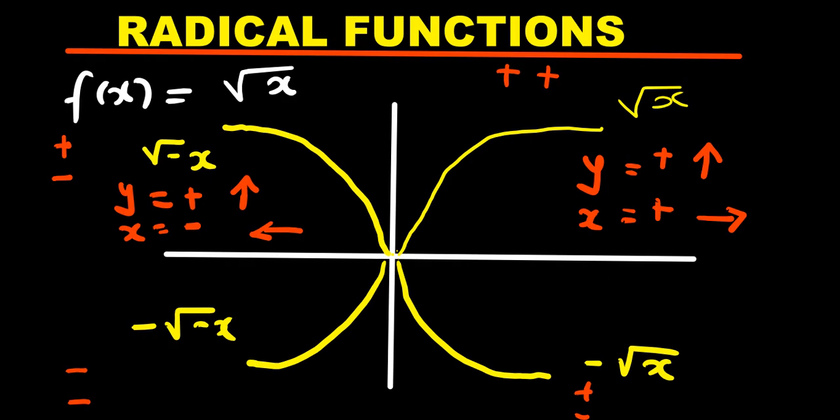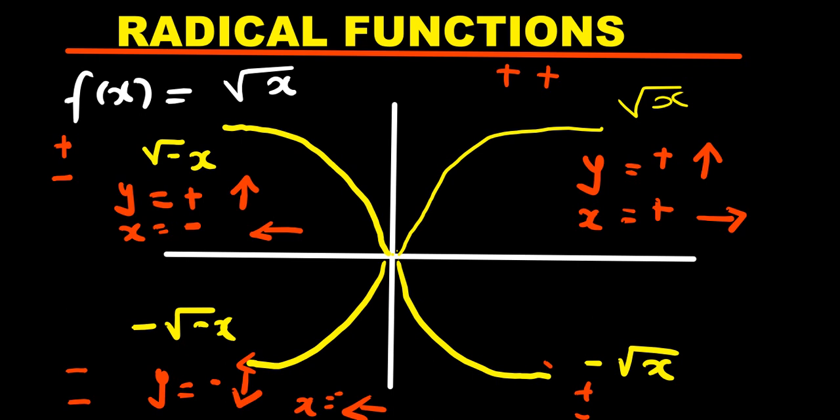Let's come down. Here, y is negative. Because your y is negative, the graph is going to be going down. Then your x in this region is also negative. Because it's negative, your graph is going to be going to the negative values of x. That's how it's like that.